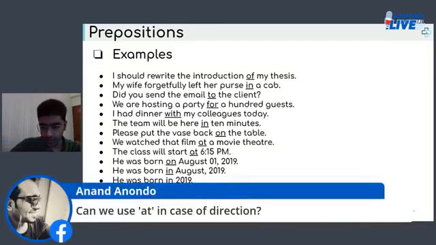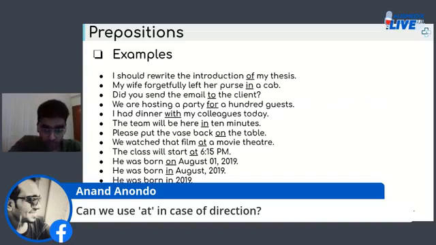All right, Anand is asking, can we use at in case of direction? Well, it depends, of course. It depends in which case you would want to use it. But generally, to indicate locations, we don't generally bring in at. Sorry, I'll rephrase my answer.